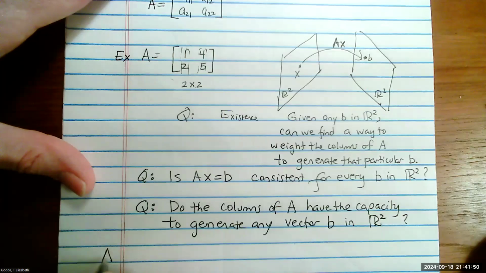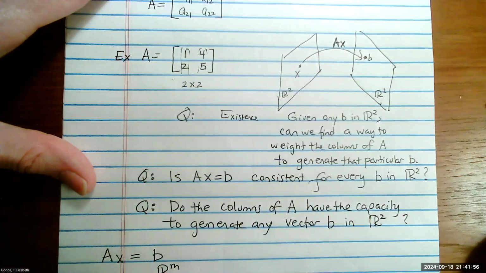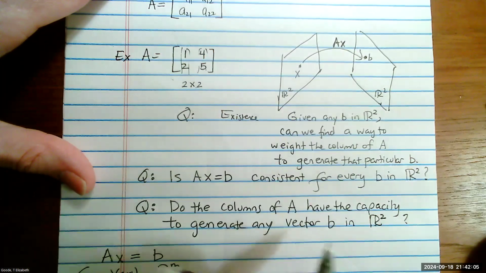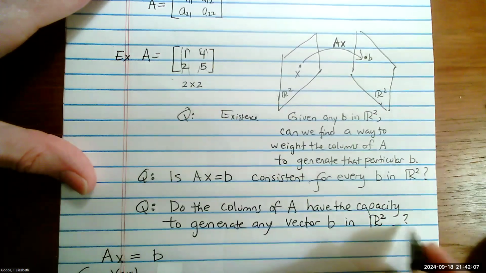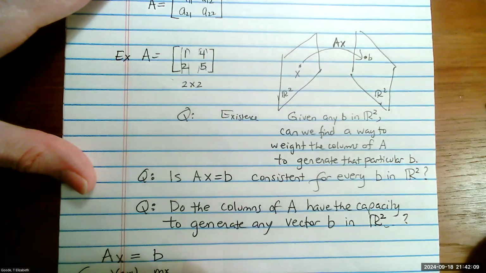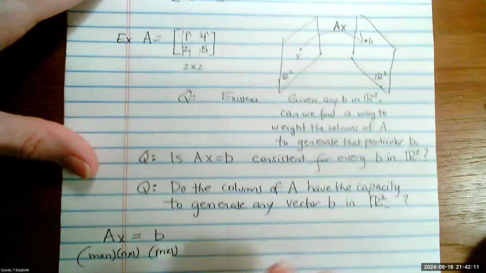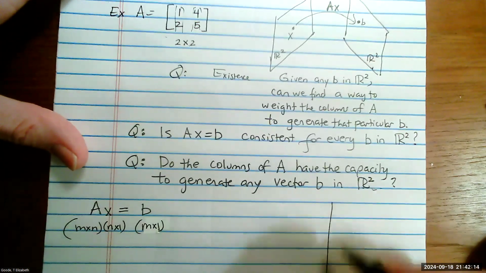Remember, A takes X into R^m. So if A is m by n and X is n by 1, X lives in R^n and B is m by 1. Okay, so in general, we want to think about R^m, but the point is, that's the question.